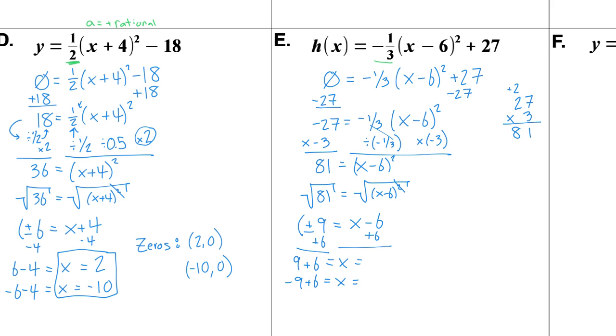So what does that come out to be? Let's see, 9 plus 6 is 15, and negative 9 plus 6 is negative 3. Those are our intercepts. And as ordered pairs, we would write it as (15, 0) and (negative 3, 0).